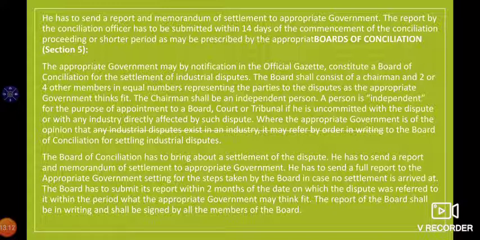The board shall consist of a chairman and two or four other members in equal numbers representing the parties to the dispute, as the appropriate government thinks fit. So it is the discretion of the appropriate government, right?